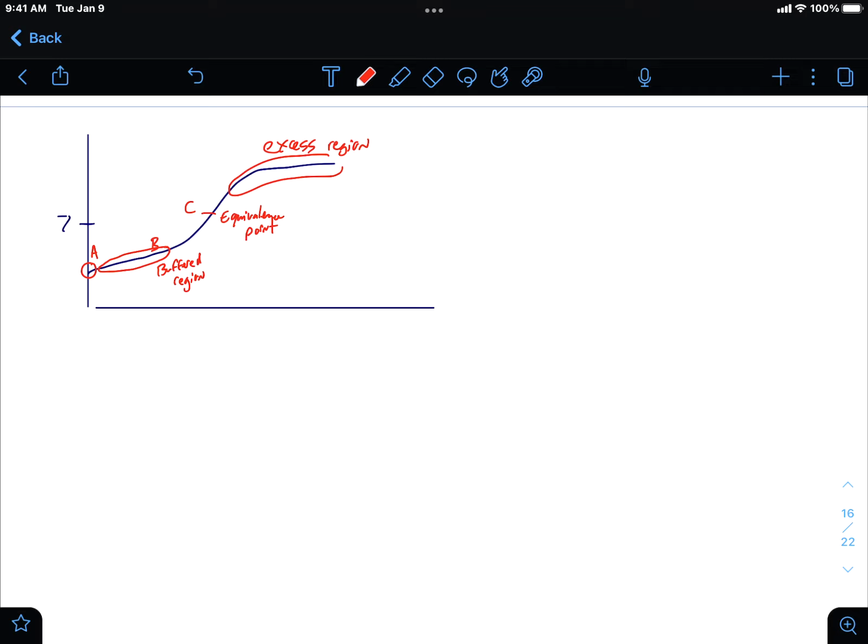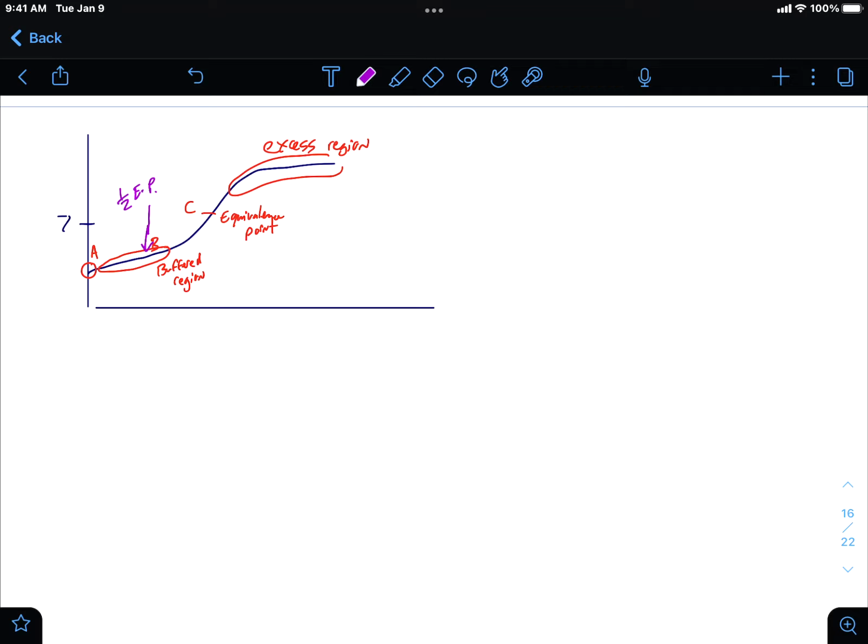And then there's one more point I'm going to insert in a different color so it stands out. This is called the half equivalence point. All right, it's the middle of that plateau. And yes, it is in the buffered region, but it is exactly halfway between the buffered region.